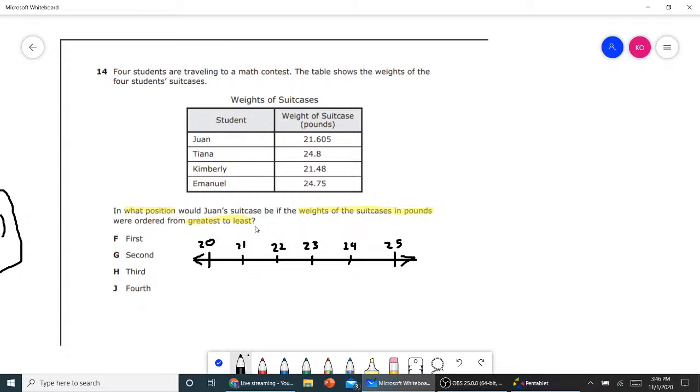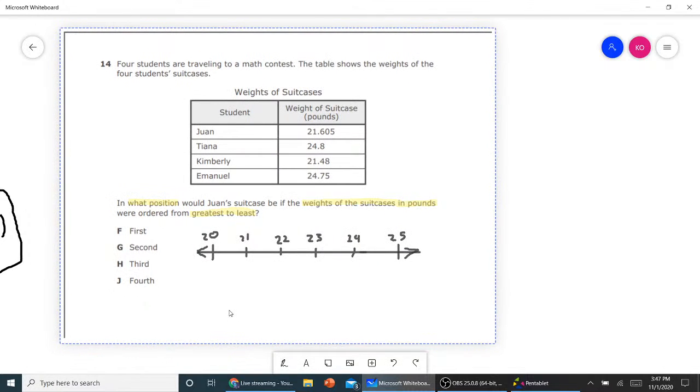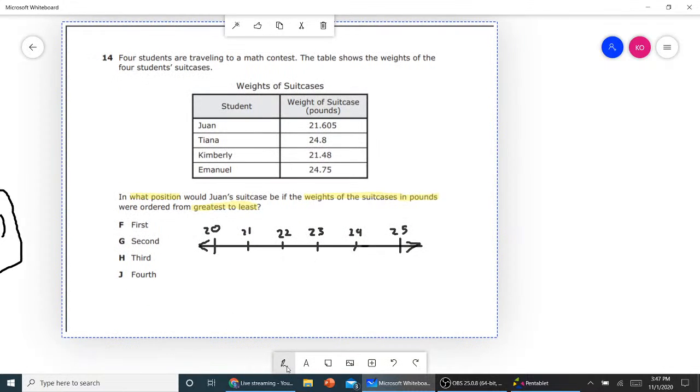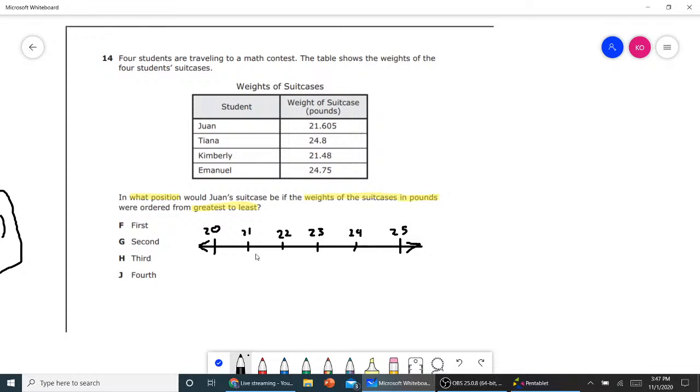So we know that Juan's suitcase is 21.605, and 21.605 is between 21 and 22. So let's try expanding this section right here.